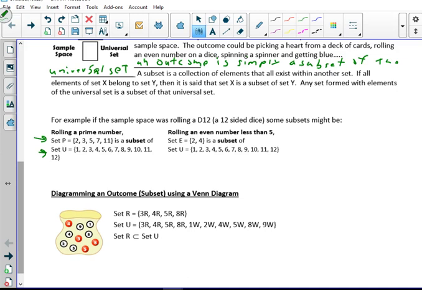Those are a subset, those are contained within the universal set of the numbers 1 to 12. Or an even number less than 5, we say set E. We can say set F for representing the 5. But basically that's only 2 and 4. 6, 8, 10, and 12 are all greater than 5. So it's a small subset of the numbers 1 through 12.